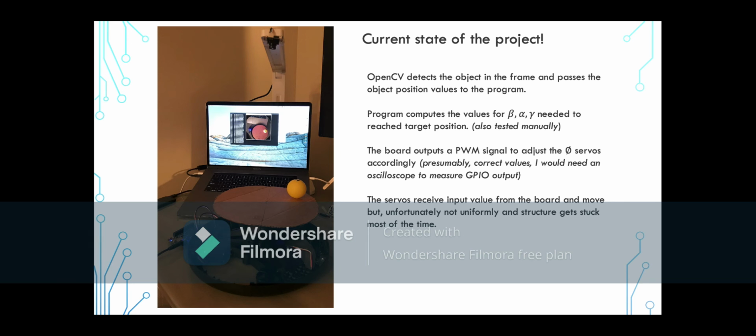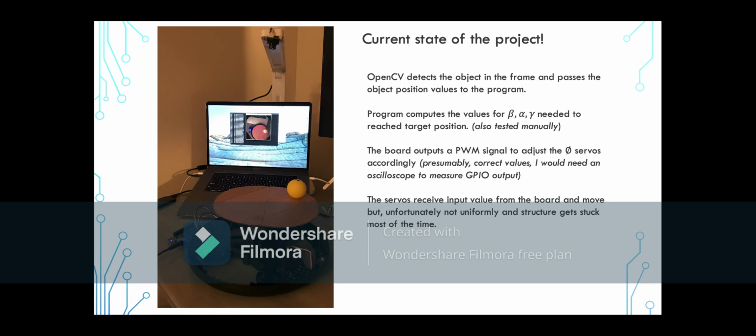The program computes the beta, alpha, theta needed to reach the target position. I have also tested this manually, inputting the angles manually, and it works correctly. The board outputs a PWM signal to adjust the theta angle of the servo accordingly, and presumably correct values.